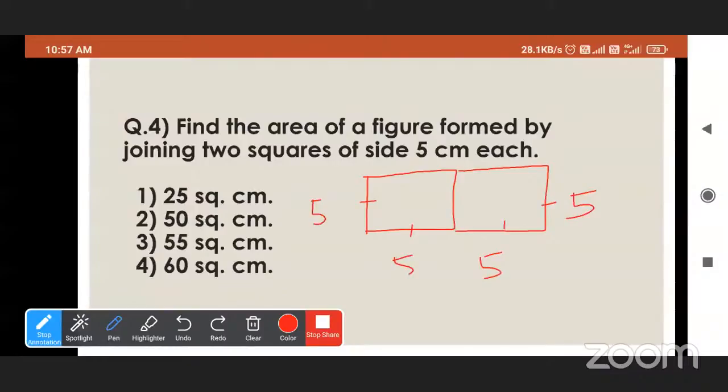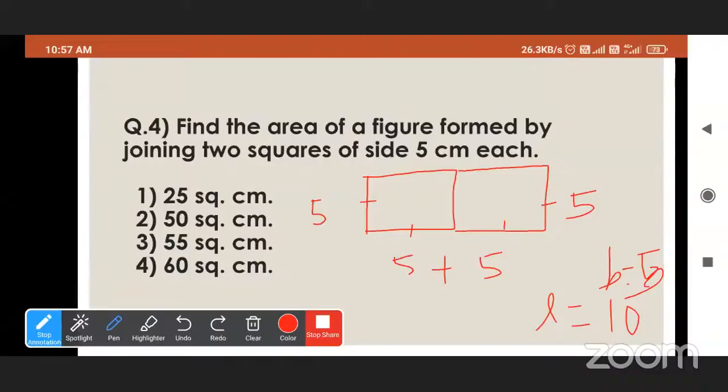But we have to find the area of the figure formed by joining two squares, so we have to add the areas of both squares. Breadth is 5, and by joining this side we get length 10. So it forms a rectangle having length 10 and breadth 5.